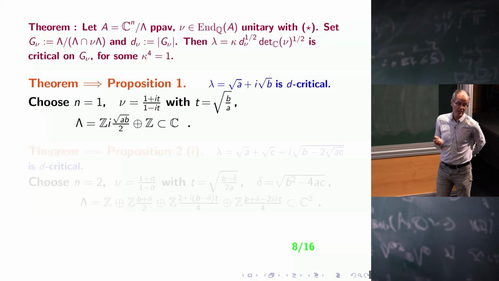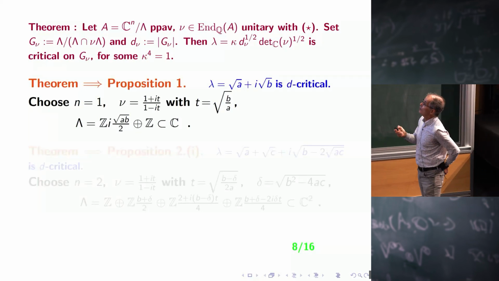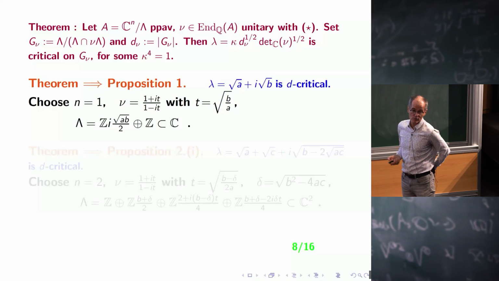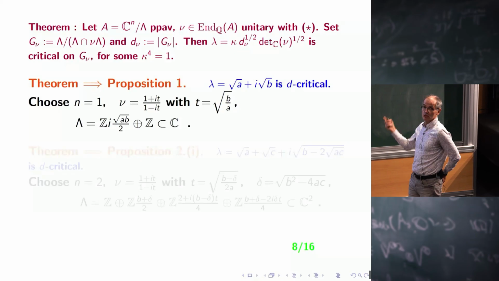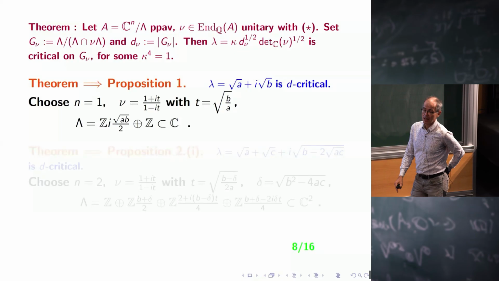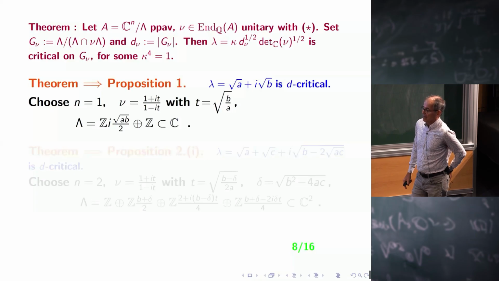So let me explain to you how I do it for proposition 1. I have rewritten the theorem. And how do I prove that square root of A plus I square root of B is D-critical? I have to choose one elliptic curve. I will take n equal 1.